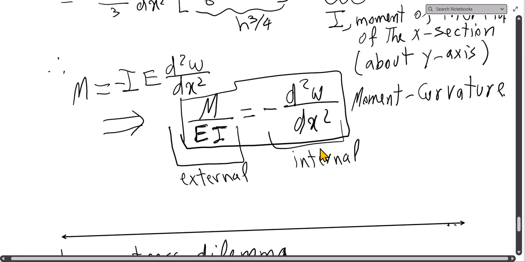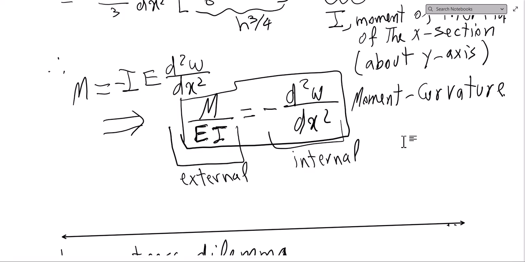Another point to complete here, I didn't write it down: you can actually get to the equilibrium equation. If you differentiate the moment curvature one time, you get the shear force, and if you differentiate it two times, you get the applied force on the beam, and therefore this becomes a fourth order ordinary differential equation that you can solve.